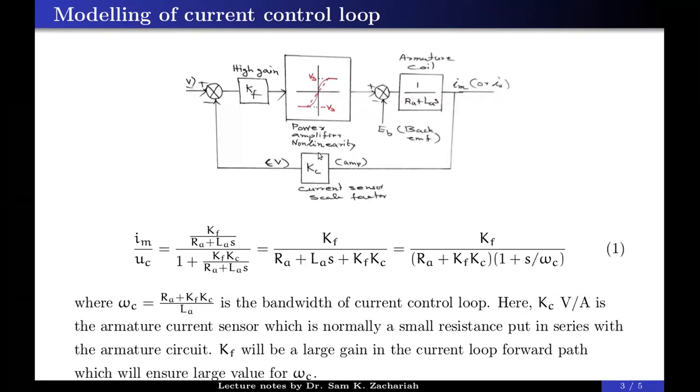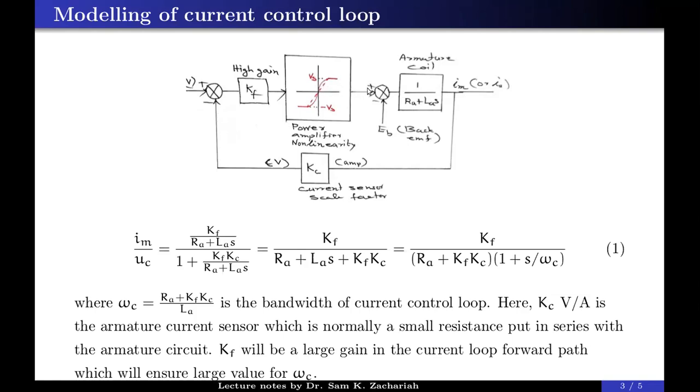So a small resistor is put in series with the armature coil, and that voltage is taken and compared with the control voltage here. So this is called a current control loop.